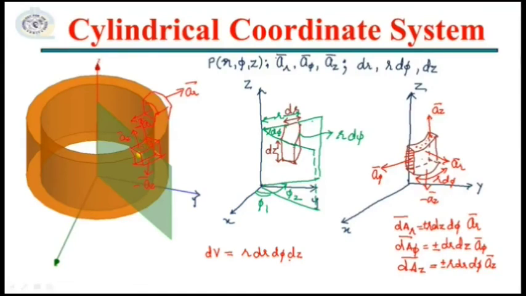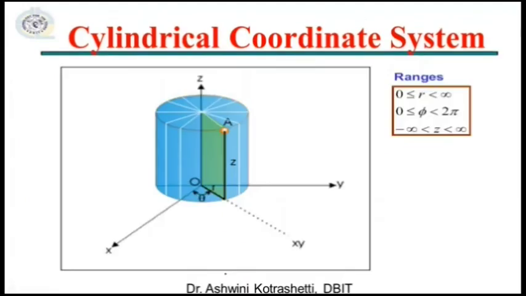Now just as we did yesterday, we will define the vector differential lengths. Now the vector differential length will be the sum of the vector lengths. Now we already know the lengths, but these are the magnitudes. So for each of the magnitudes, I'm going to attach the associated unit vector.